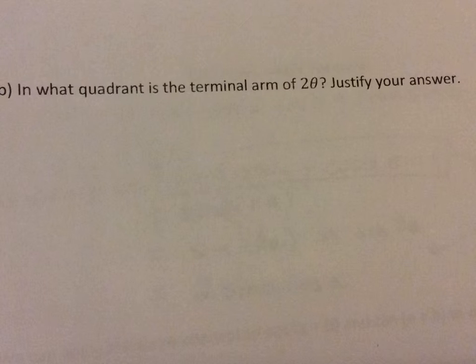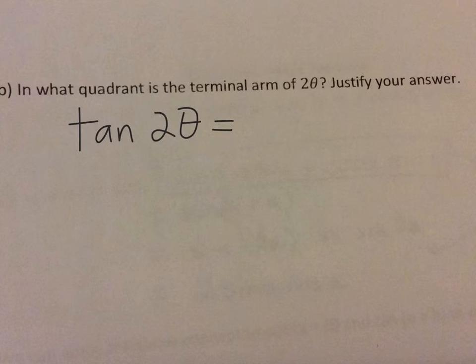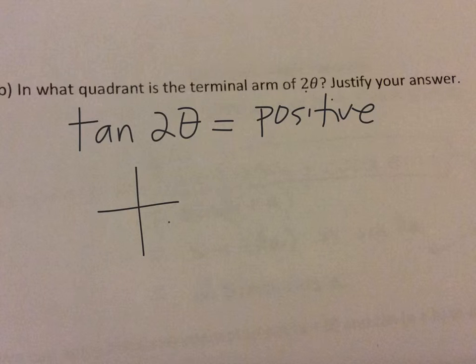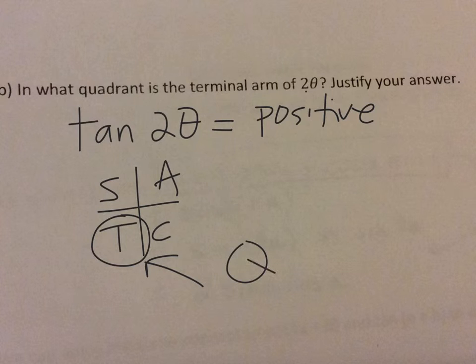From the first part of the question, we answered that tan 2 theta is positive. If it's positive, that means it's in the third quadrant. And in sine 2 theta we got a negative, which makes sense because it's in the third quadrant. So 2 theta is in the third quadrant. And finally, the last question, number 6.